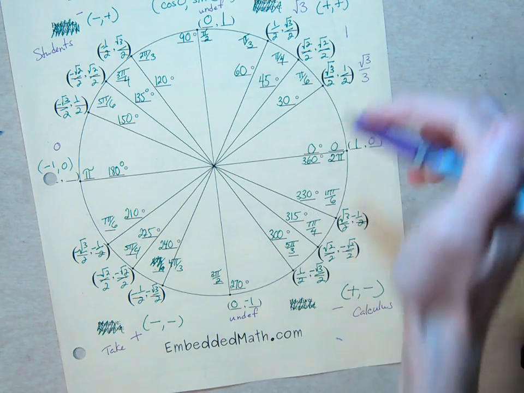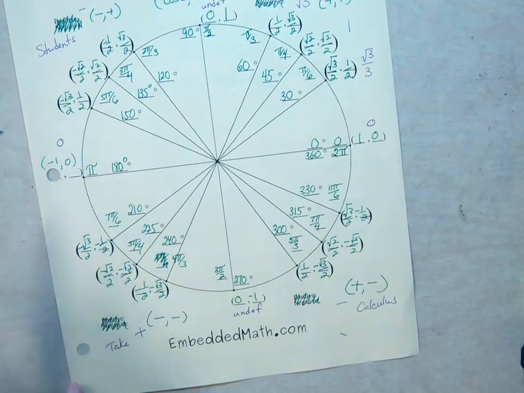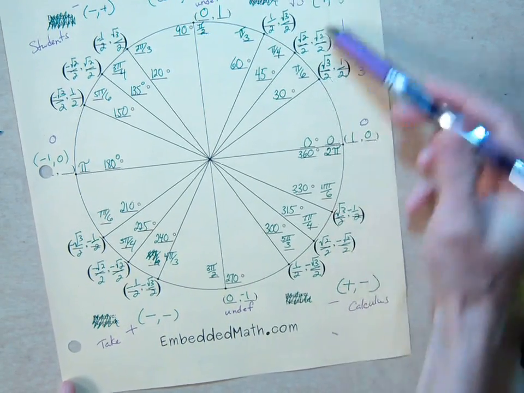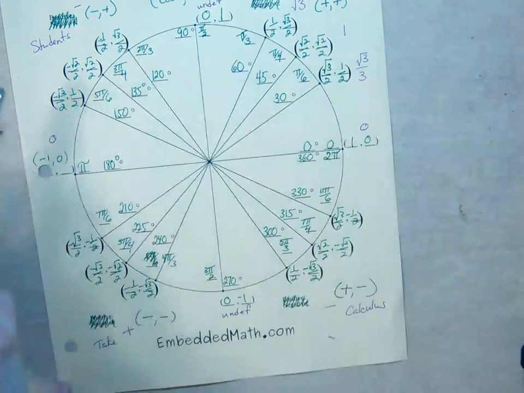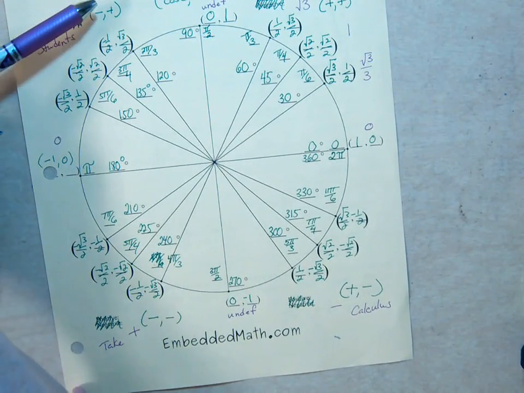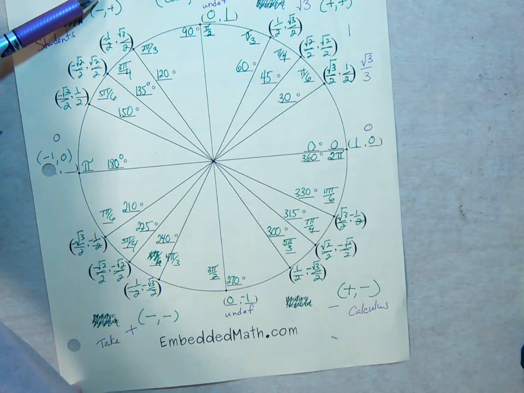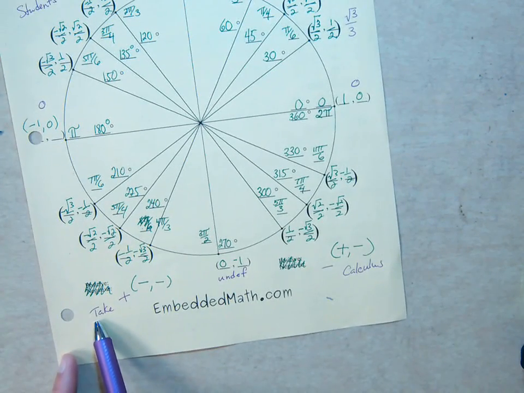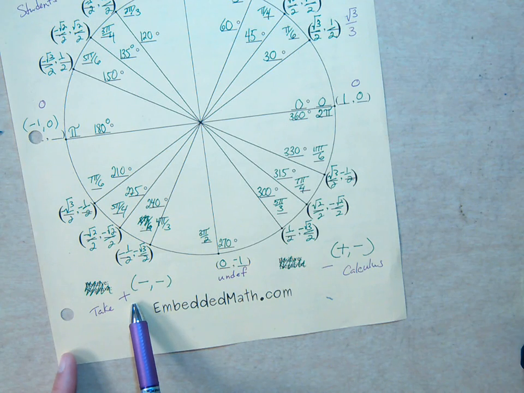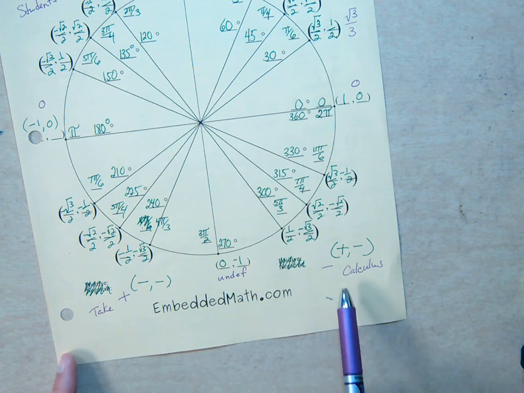S-I-G-N. This is A, S, T, C. A is for All. S is for the Sine. Do you see how the sine is the only positive one in quadrant 2? In this quadrant, tangent is the only positive. Take, tangent, and Calculus, or cosine.